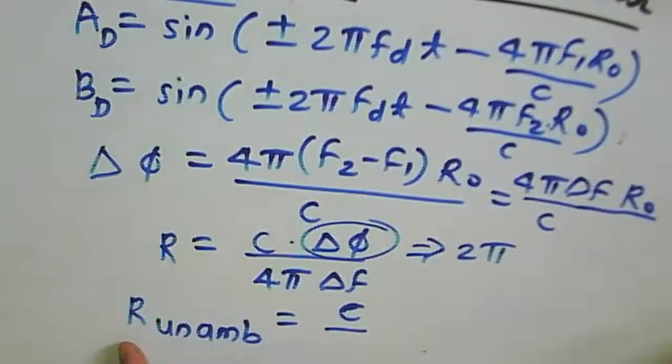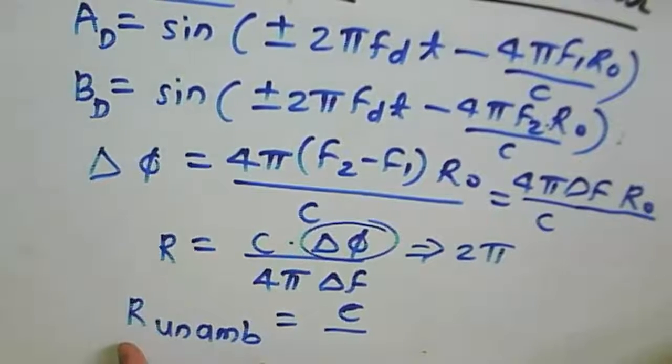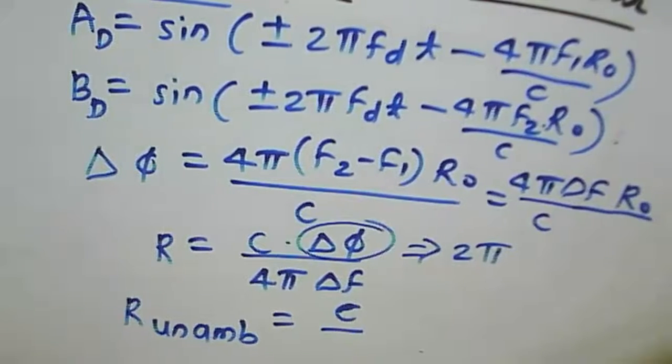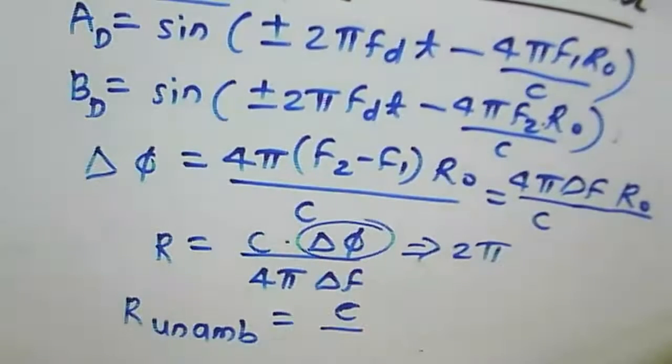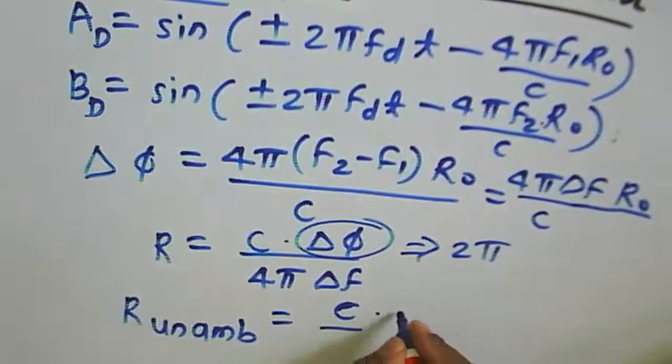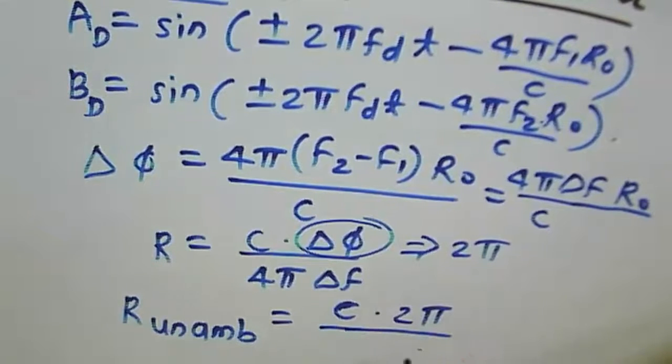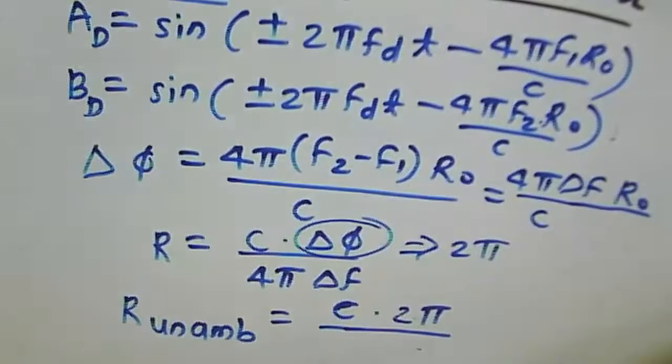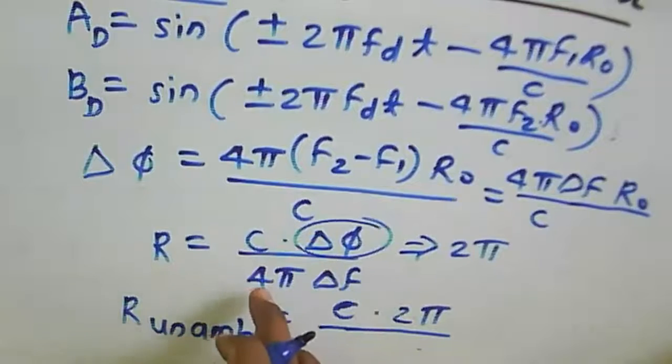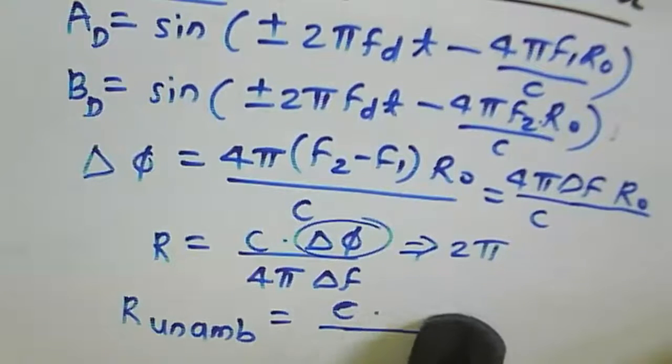So in that case, for the ambiguous range, the maximum is twice pi. Suppose I consider that as the maximum limit. The limit for that maximum of twice pi is twice pi over 4 pi, so it will be cancelled here.